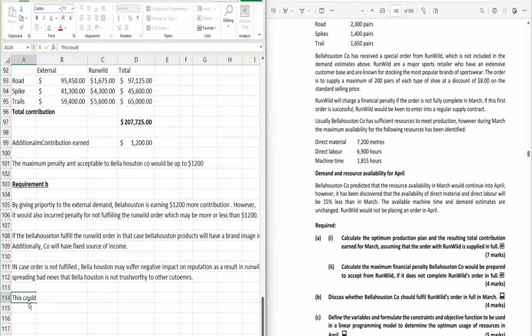This could result in the loss of sales from other potential customers as well as Run Wild themselves.